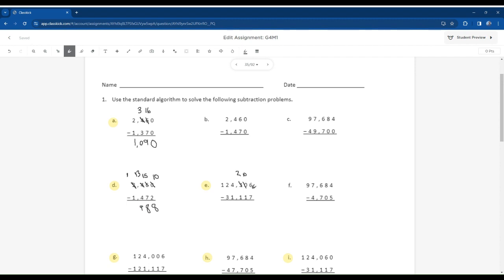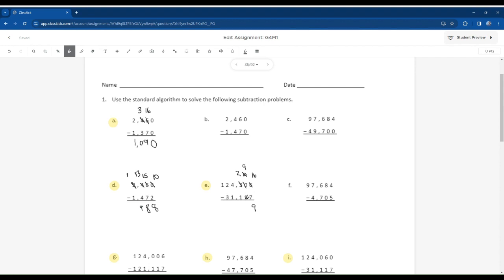I still didn't solve my problem of needing ones though, but at least now I have some tens to take from. So rather than having 10 tens, now I have 9 tens and 10 ones plus the 6 I already have, which makes 16. So we needed to regroup all the way over here from the hundreds, regroup 100 for 10 tens, then regroup 10 tens for 10 ones. So 16 minus 7 is 9.